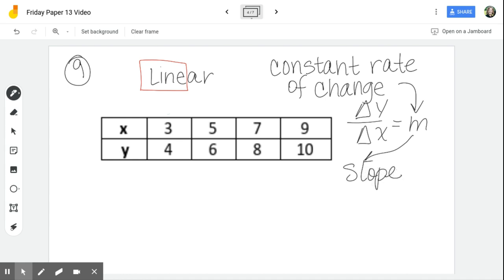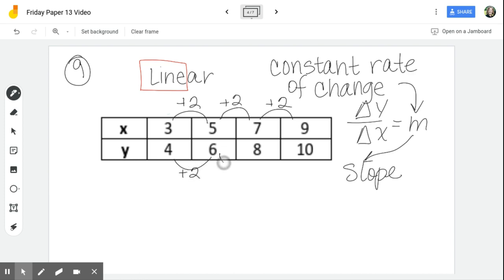Okay, let me show you what that means. So what is the difference between 3 and 5, other than the fact that they're different numbers? I'm going to add 2 to go from 3 to 5. Add 2 to get to 7. Add 2 to get to 9. Let's see, that's my change in x. So let's see what my change in y is.